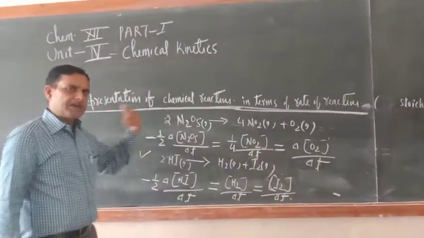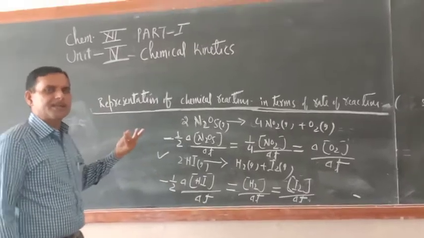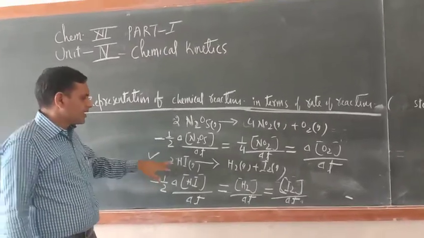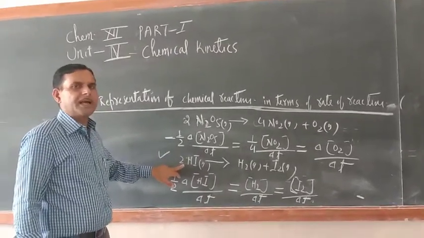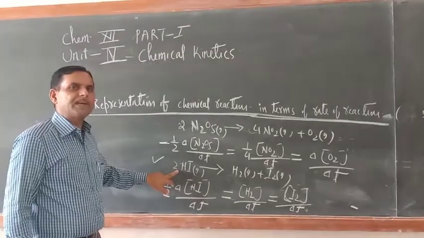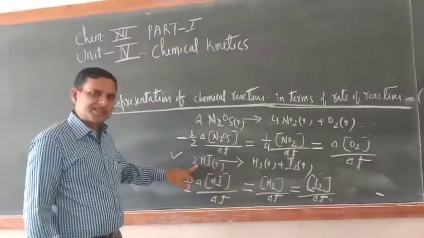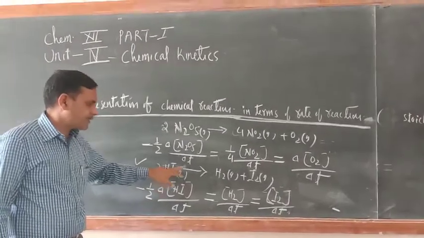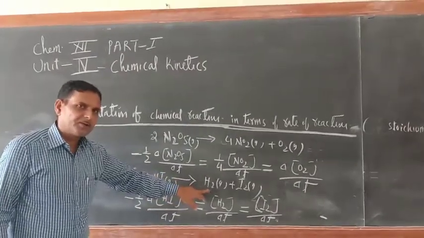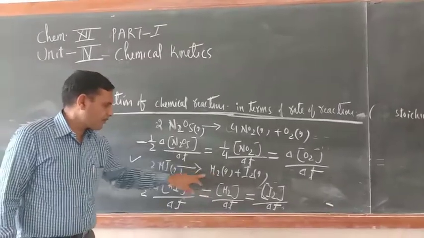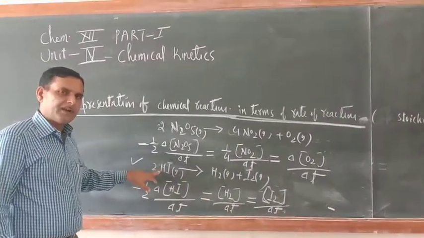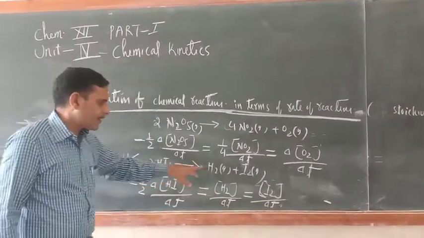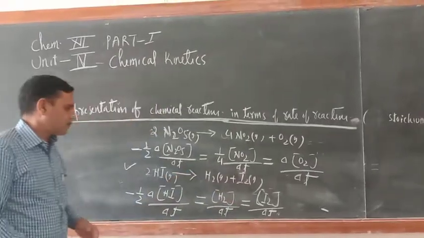Now in terms of rate of reaction, what can we say? If 1 mole of HI is disappearing, then half a mole of H2 is forming. Similarly, when HI is disappearing, I2 is forming.